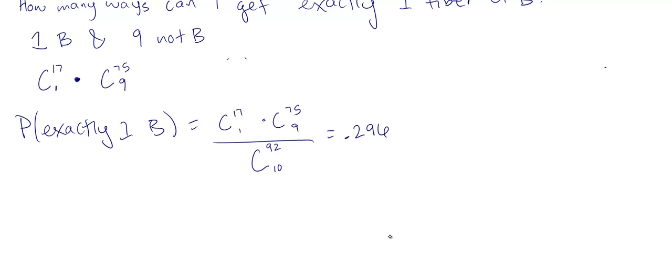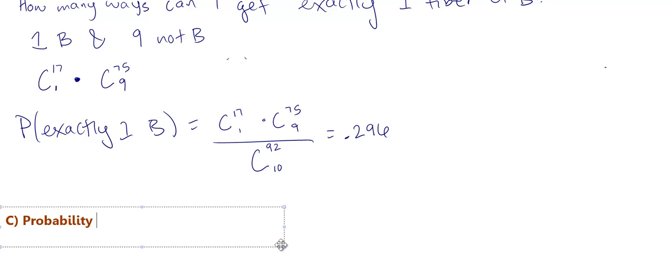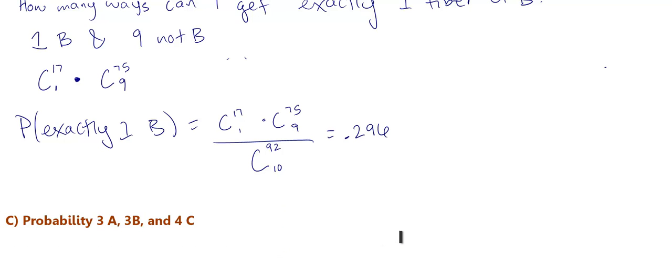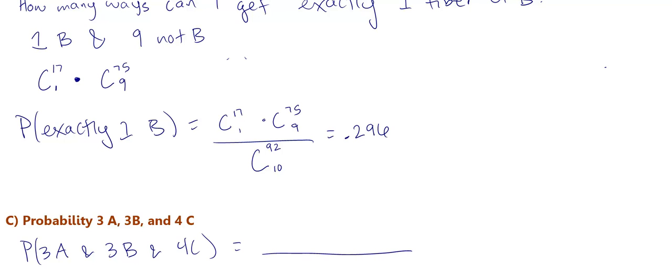And we're going to follow the exact same logic for part C. So we're looking for the probability of 3A, 3B, and 4C. So we need to get 3A and 3B and 4C. So we're going to follow that same method. First for the numerator, how many ways can I get 3 A's?